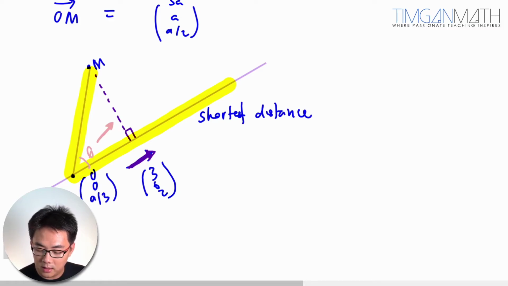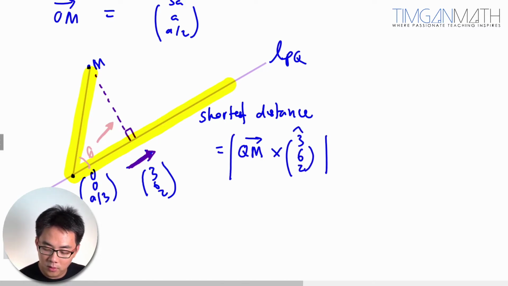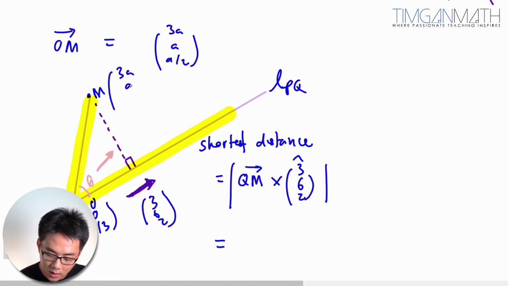Just draw the two lines. This is line PQ actually. This is Q. That's all. It is QM. If it's opposite, it's cross 3, 6, 2. You do not unit vector the hypotenuse, so the QM you do not. You unit vector just the adjacent side. So this would be QM. M is a over 2, right?